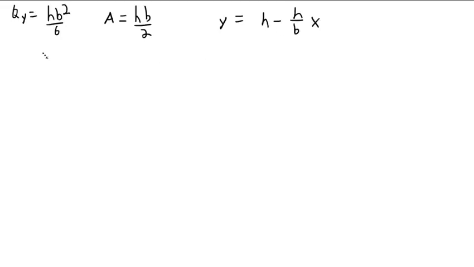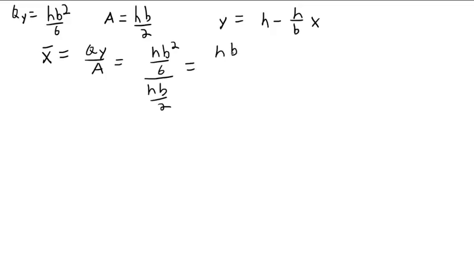Okay. But our x bar, then, is Qy over A, this is where it comes together, is hb squared over 6 divided by hb over 2, which is then equal to, I learned in elementary algebra class that to divide by a fraction, you multiply by the reciprocal.